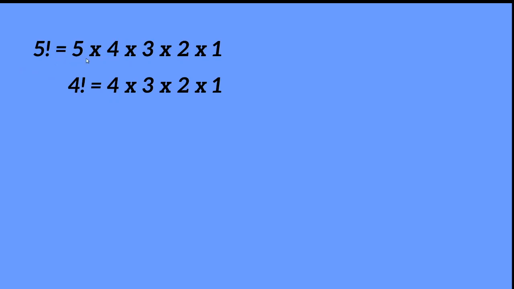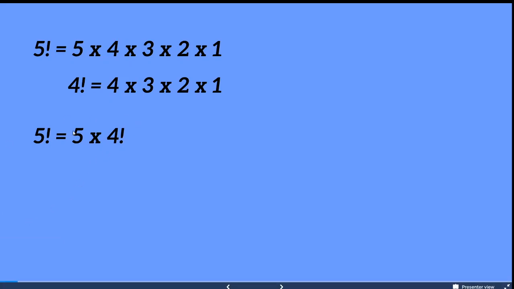The same part, 4 into 3 into 2 into 1. So I can also write 5 factorial as 5 into 4 factorial. This is a much simpler way of writing it. Instead of writing all the numbers down to 1, I can just write it as 5 into 4 factorial.